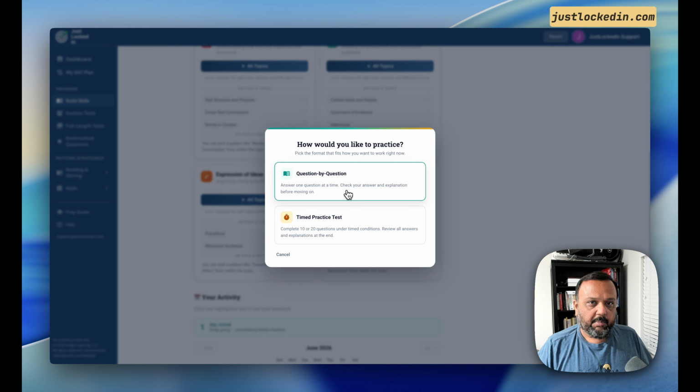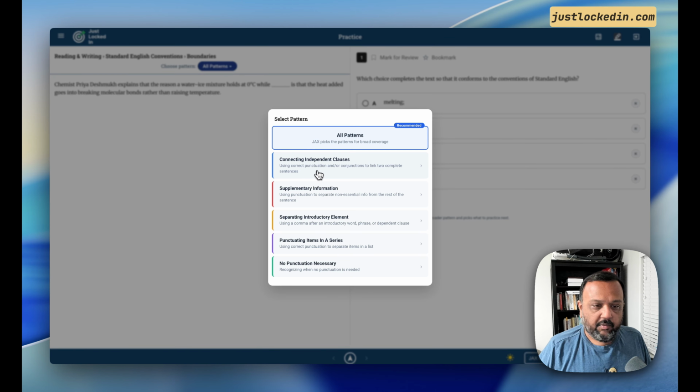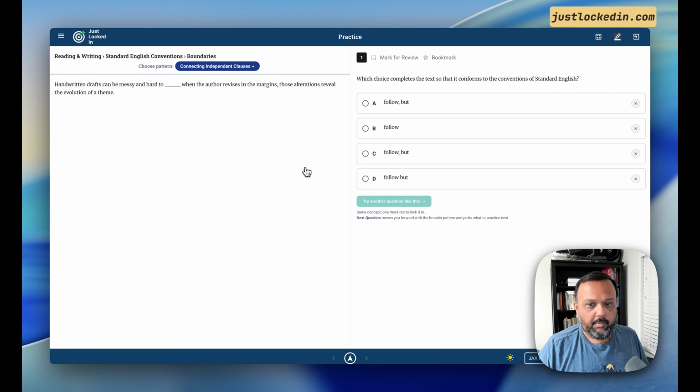One is you can practice question by question. This is exactly what you got when you went via the pattern strategies that I just showed you. Just choose whichever pattern you're interested in. If you're interested in connecting independent clauses, just click on this and you will be able to practice.